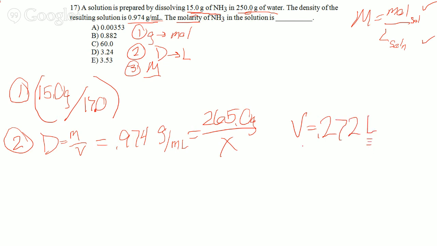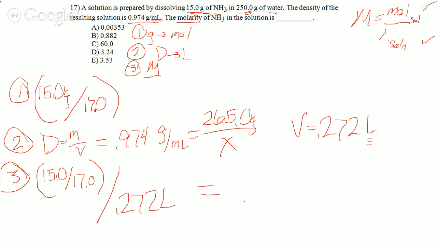Notice I've converted to liters. Last step will be, we'll just plug and chug. The moles would be 15.0 divided by 17.0, that's moles, all divided by liters, 0.272 liters. And that will give you 3.24 molar, which would be choice D.